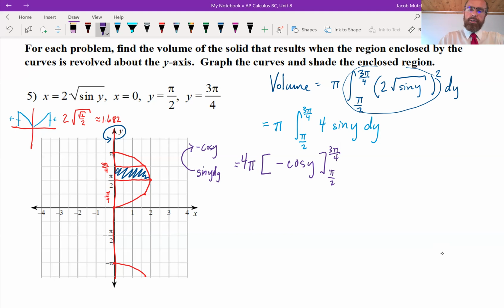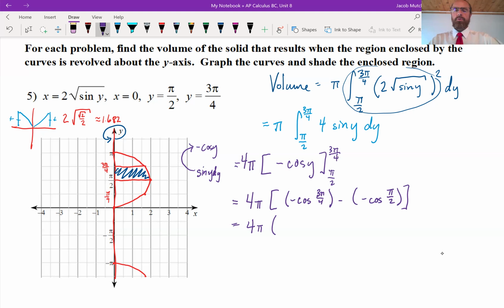At this point, I'm ready to substitute values in and evaluate according to the fundamental theorem of calculus. So that's going to be negative cosine of 3 pi over 4 minus negative cosine of pi over 2. Now we want to evaluate cosine at those values. Cosine at 3 pi over 4 is going to be negative square root of 2 over 2.